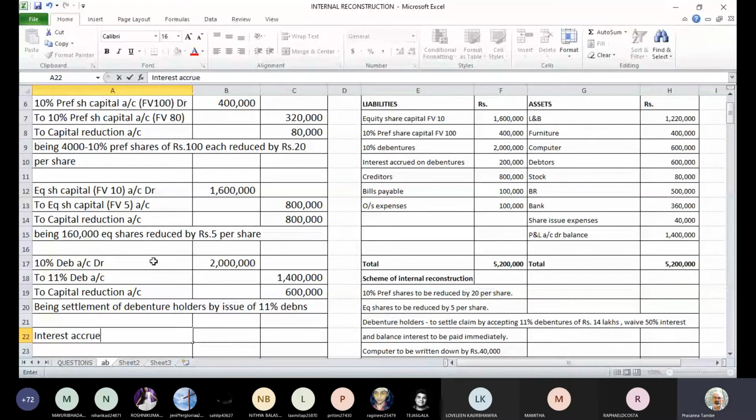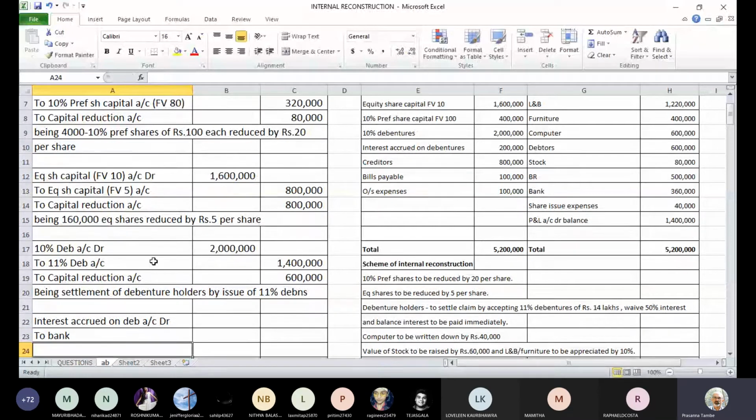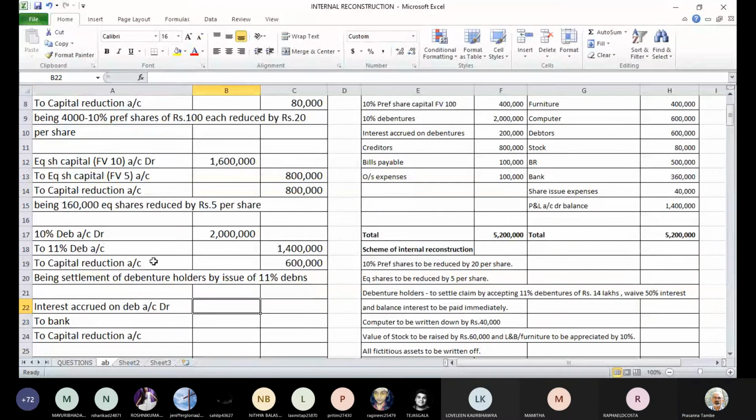Interest accrued on debentures account debit, 2 lakh.